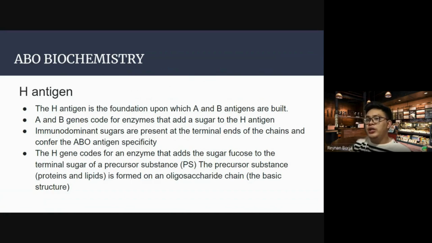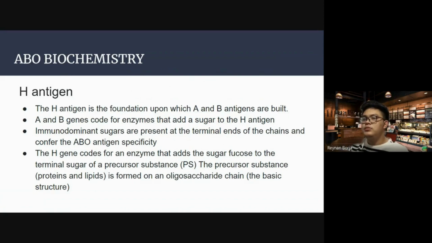A and B genes code for enzymes that add a sugar to the H antigen. So yung mga immunodominant sugars naman na meron H antigens ay nasa terminal ends. Kaya nagiging uniquely different yung antigens natin. Yung blood group antigens natin. Okay? Kaya meron siyang ABO antigen specificity because of these immunodominant sugars.